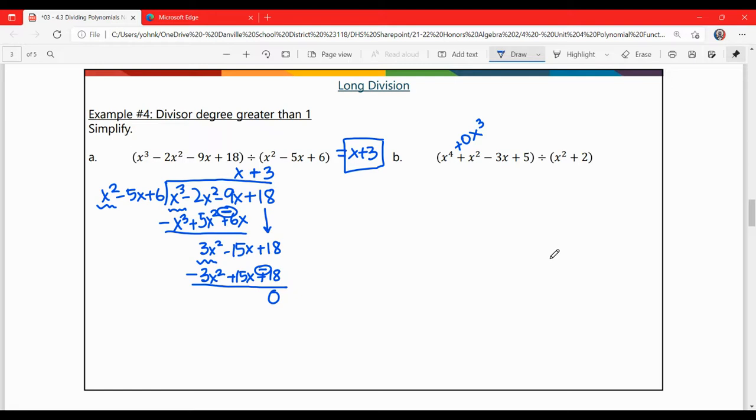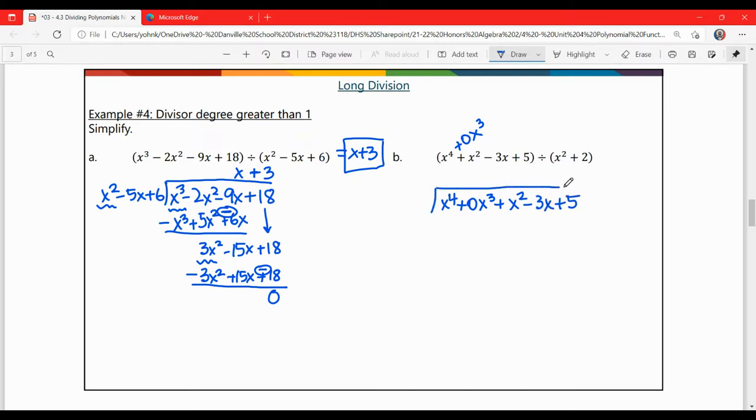If you don't leave a space for it, it will throw off your answer. It doesn't matter if it's in the one you're dividing by, but it is important that it's in the one you're dividing into. So I'm going to put x to the fourth plus 0x cubed plus x squared minus 3x plus 5.